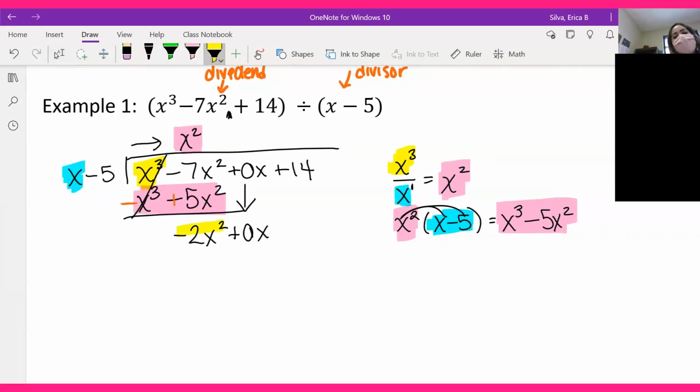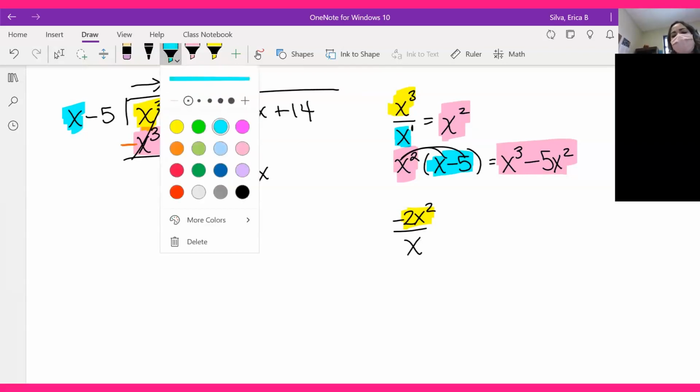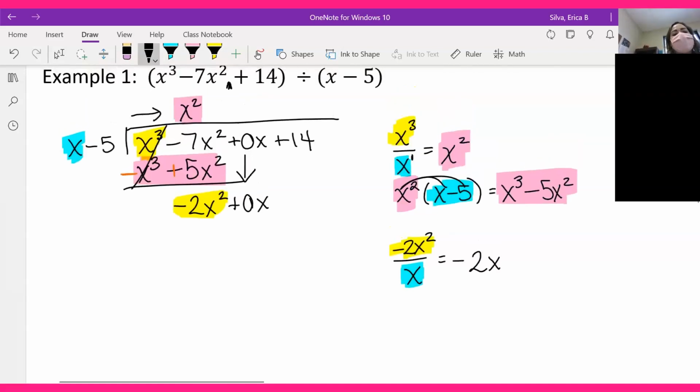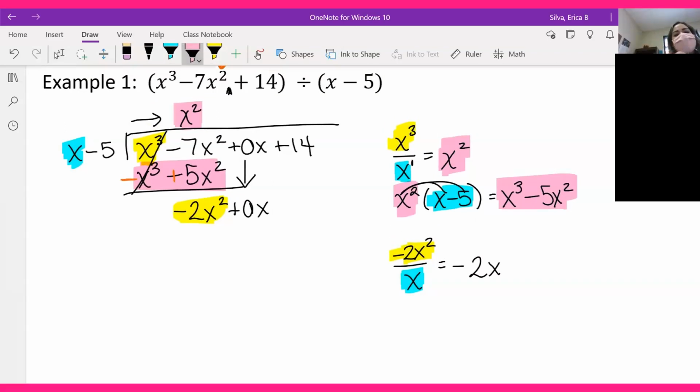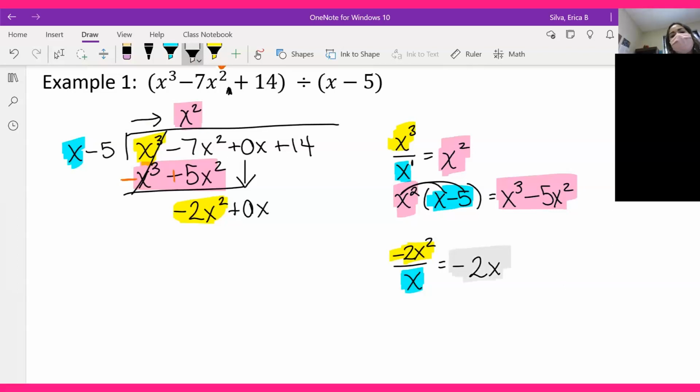So now my first term is negative 2x squared. Negative 2x squared divided by x, and we get negative 2x. So this negative 2x, we're going to place it up here.